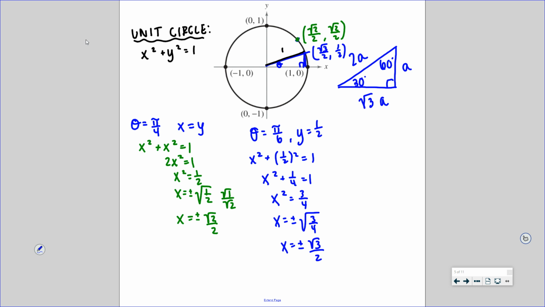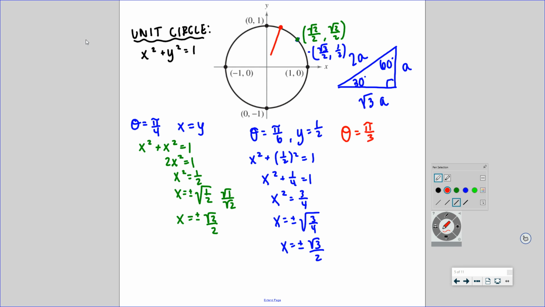Okay, the last one we're going to do is kind of similar to that one. We're going to do pi over 3, which is how many degrees? Pi over 3. Yep, 60. Pi over 3, so way up here. All right, so I'm going to get rid of this one now. Last one I'm going to do, oops, I better keep my color coordination here. Well, whatever, it's already ruined.